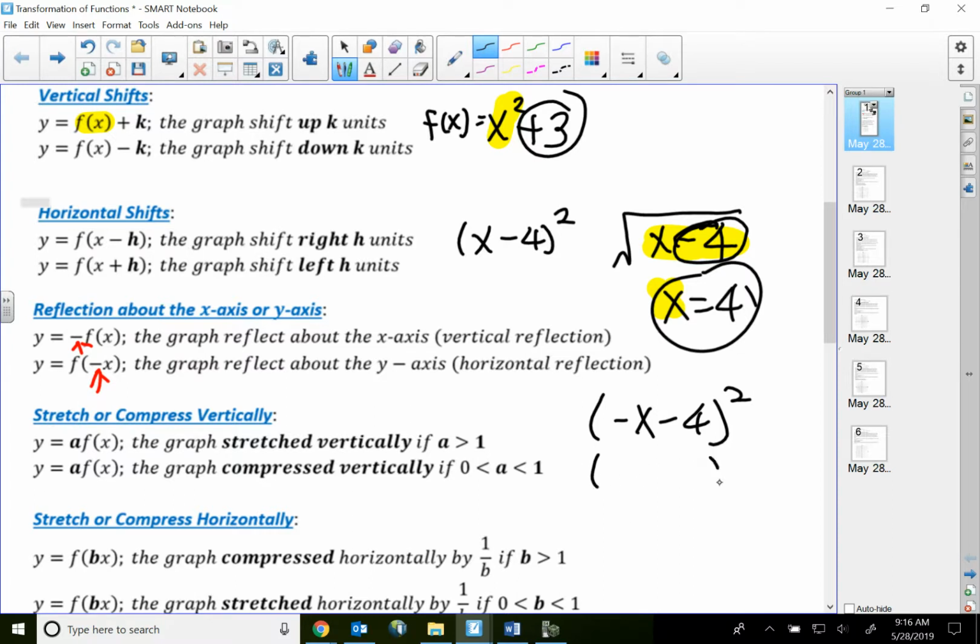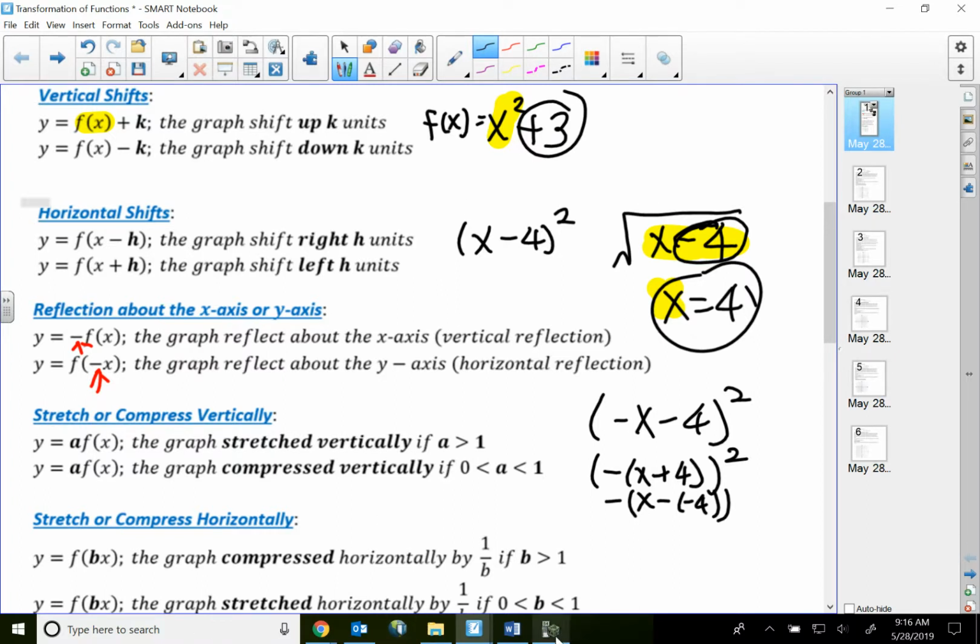At the same time, you've probably seen this before: between these two terms, I can factor out a negative to the outside, so that will be negative x plus 4. That says this is x minus negative 4, so my vertex is going to shift to the left 4 places. But the negative sign still holds in front of it, so that will still be a reflection about the y-axis.